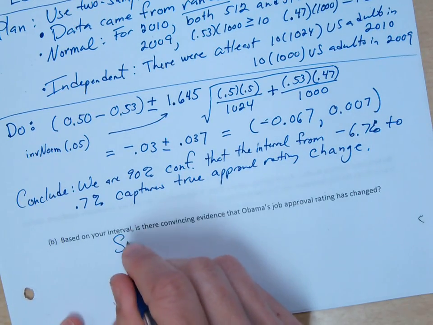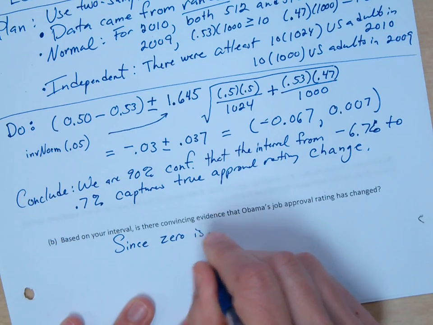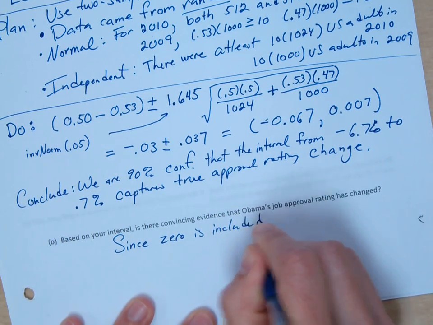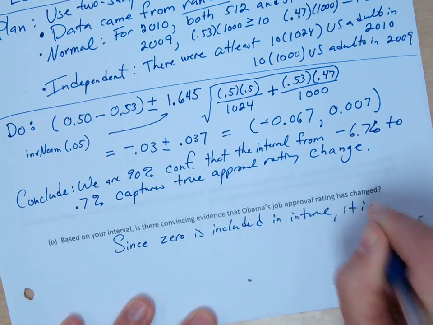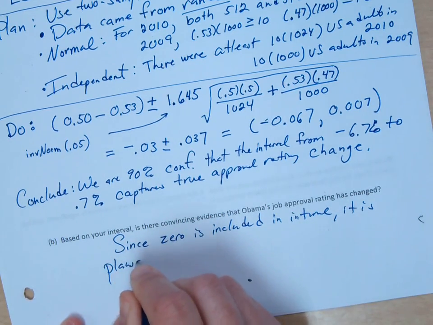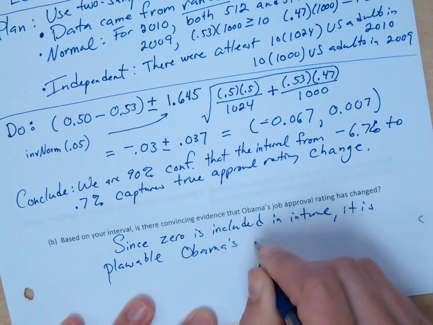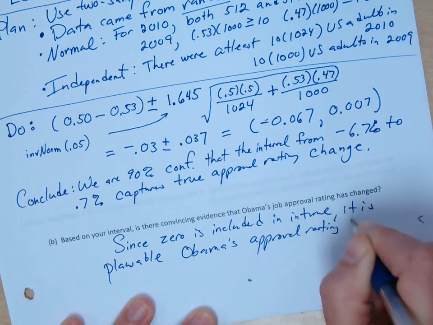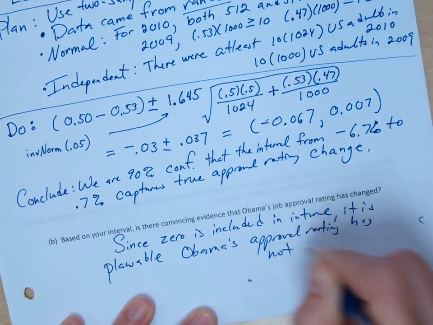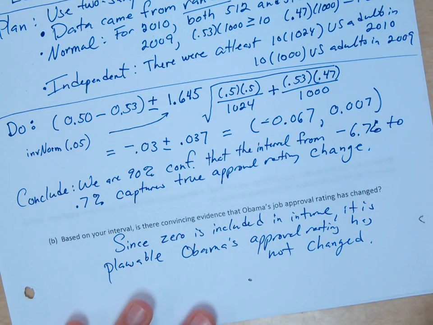So since 0 is included in the interval, it is plausible Obama's approval rating has not changed.